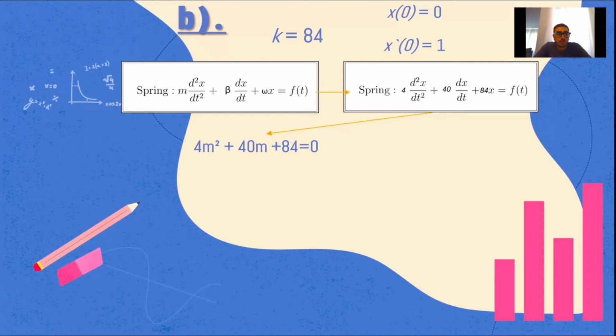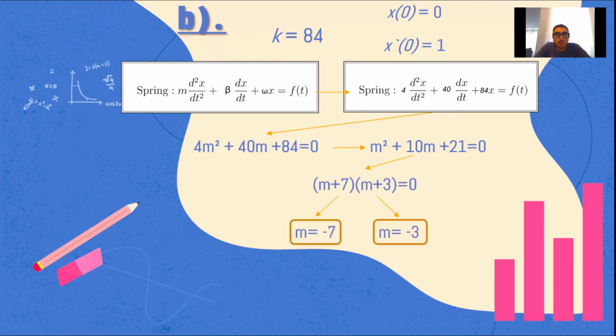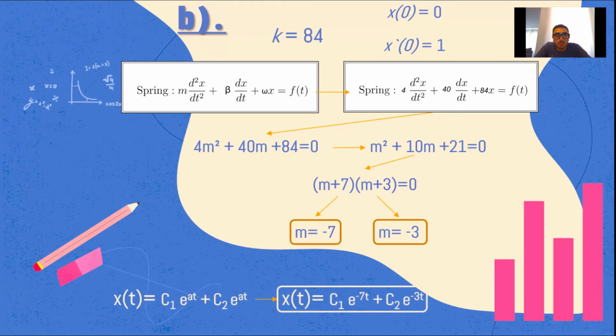Once we divide out 4 from the equation, we get a 1 coefficient at the front. So we can easily factor that into m plus 7 and m plus 3, which gives m equals negative 7 and m equals negative 3. This helps us out for the general solution, as we get x of t is equal to c1 e to the negative 7t plus c2 e to the negative 3t.